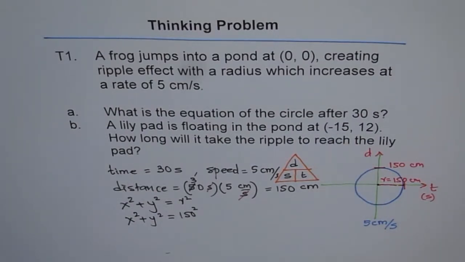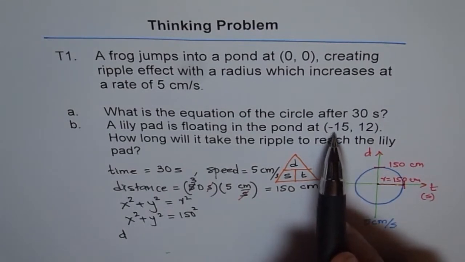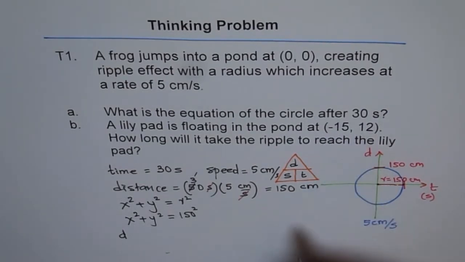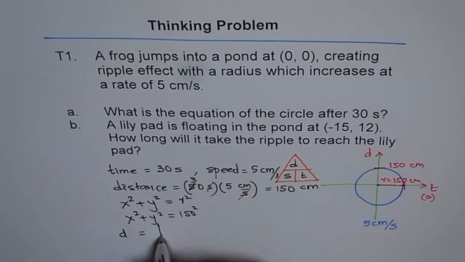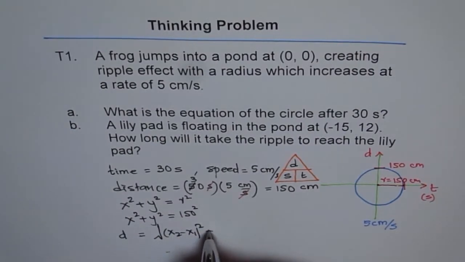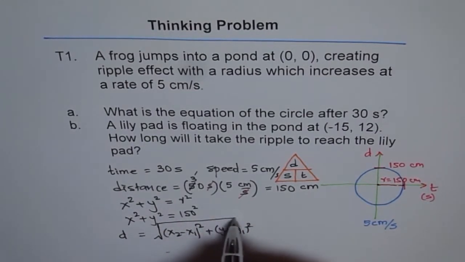Once you know that, then you know the speed and you can find the time, correct? So let's find the distance. We are finding distance from origin to the point minus 15, 12. So the distance formula, you remember, is the square root of x2 minus x1 whole squared plus y2 minus y1 whole squared.